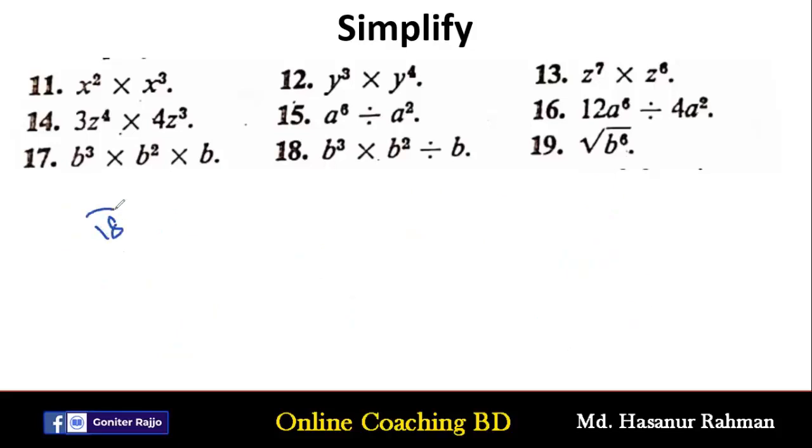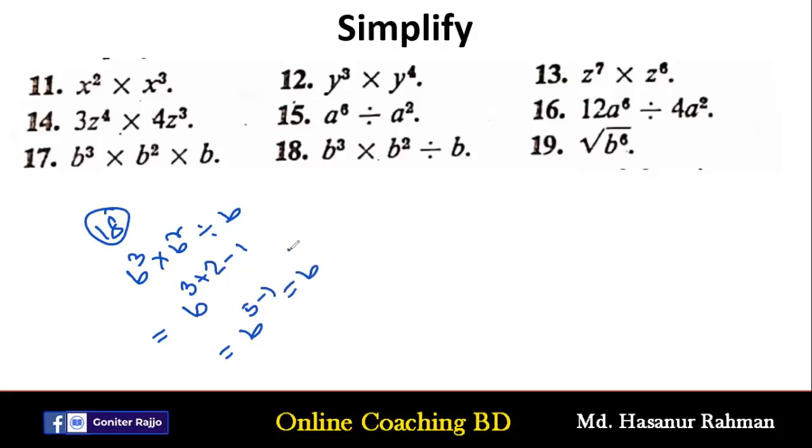Number 18 says b cube multiplied by b square divided by b. So look at this, there is a multiplication sign, so we have to add the power. Then for the division sign, we have to subtract the power. So b to the power 3 plus 2, 5, minus 1, that is b to the power 4.